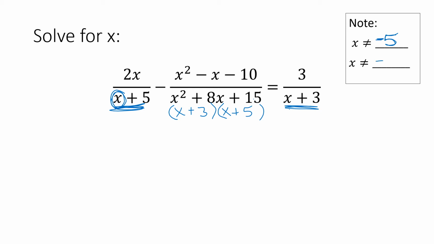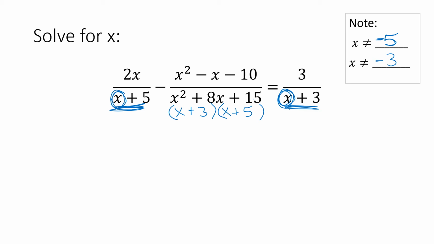The other number that we would need to avoid is negative 3. If you plug in a negative 3 here, negative 3 plus 3 is 0, and you cannot divide by 0. So whatever I get for my final answers, as long as it's not a negative 5 or a negative 3, then we can accept those answers.